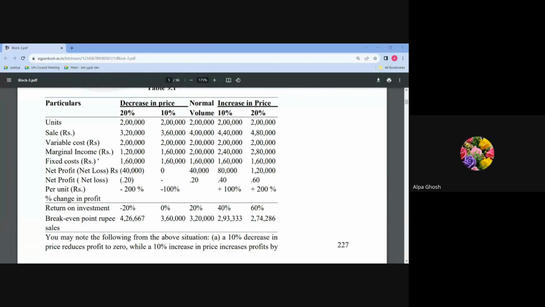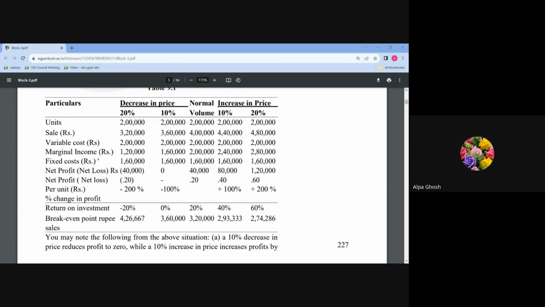See here, the return on investment is minus 20%. It is the same as what we are talking about: 40,000 multiplied by 100 divided by 2 lakhs. What is your return? There is a loss of 20%, so it is written as minus 20. No, the previous row where there is minus 200, minus 100.